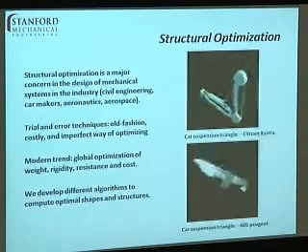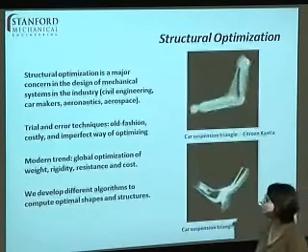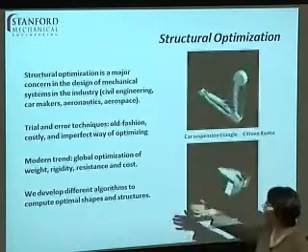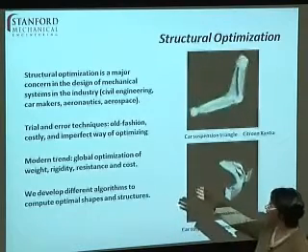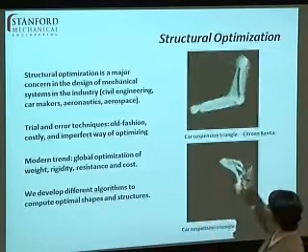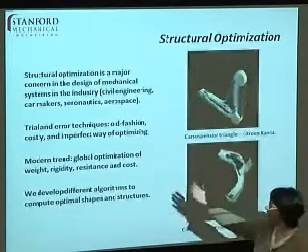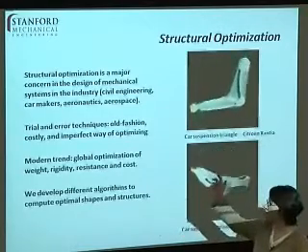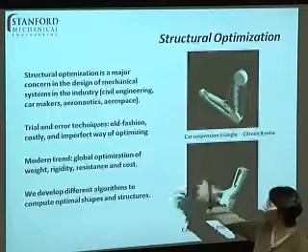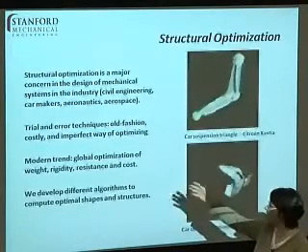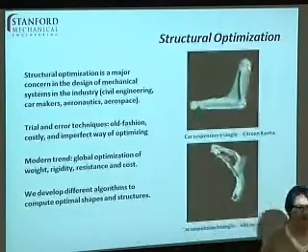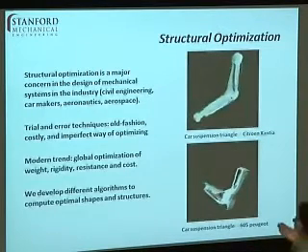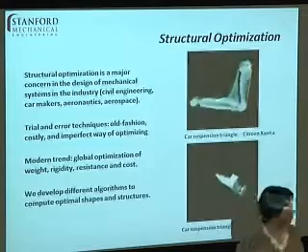So what I've been doing is using optimization techniques to optimize a structure with some objective function. For example, given a weight, you want the most rigid structure, the most resistant structure, the least expensive one, things like that. And the idea is to develop algorithms to compute these optimal shapes and structures.